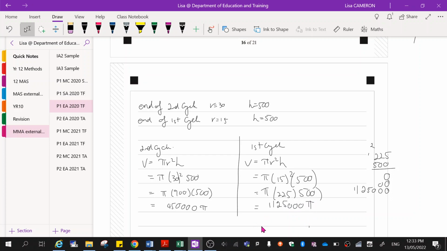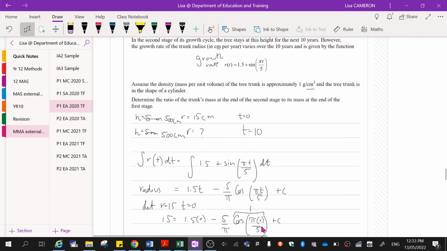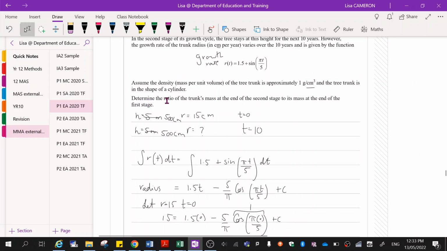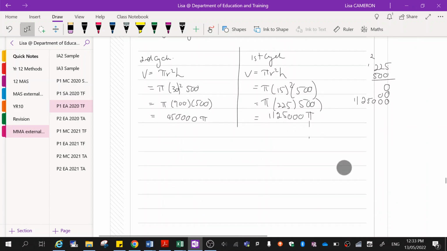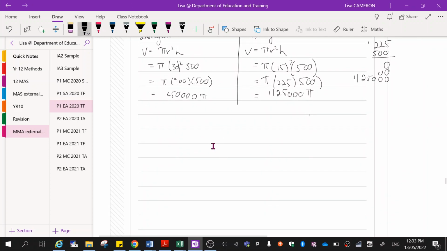Now, in the question, let's go back up and read it because I know there's a trick somewhere. Determine the ratio of the trunk's mass at the end of the second stage to its mass at the end of the first stage. So it wants a ratio. Here's our ratio: 4,500 pi is to 1125000 pi.